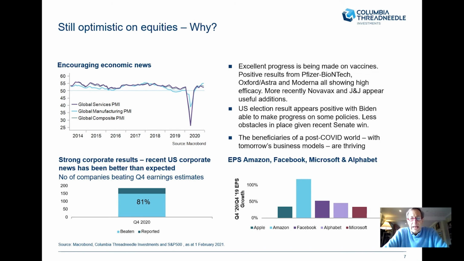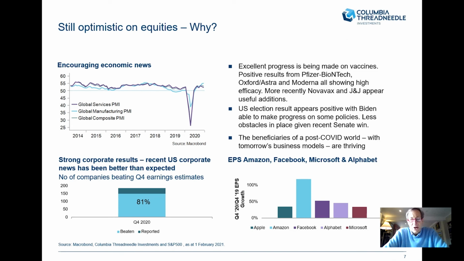And a few points on the right-hand side, the vaccine news, that is good and continues to be good. We all know about Pfizer and BioNTech and the Oxford University and AstraZeneca vaccines, but there's other ones coming through as well. Moderna, Novavax, J&J have all got ones that are in the final stages of approval.